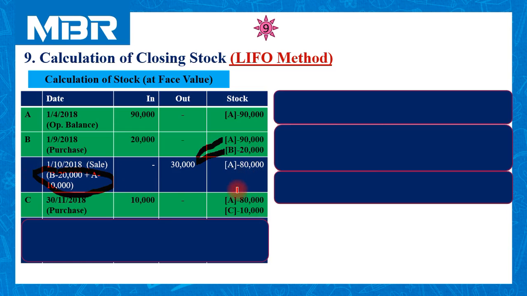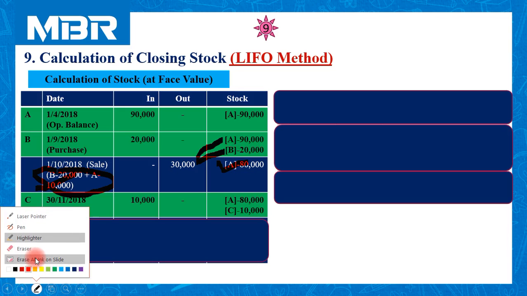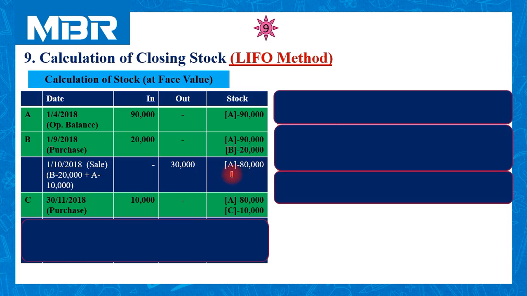Now what will be the position of stock? A, 90,000. Out of this 90,000, we have sold for rupees 10,000. So closing stock is 80,000. And B, 20,000 out of 20,000 sold by the company. So there is no inventory available to us from B. Now on November 30, we have purchased one more investment for rupees 10,000.